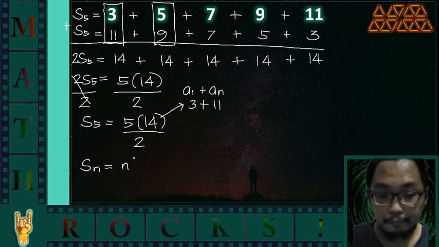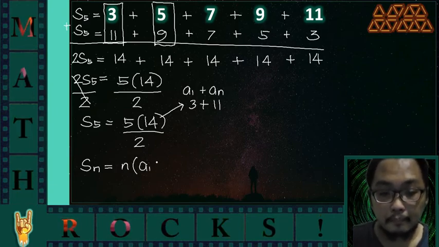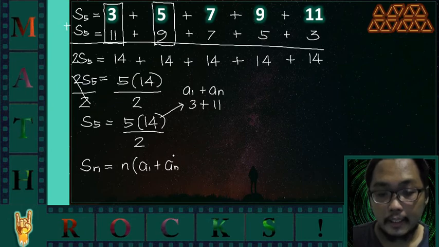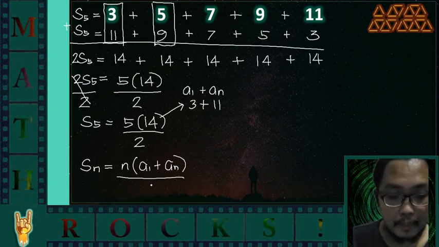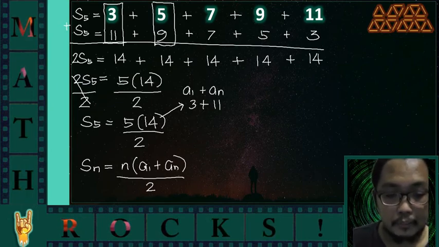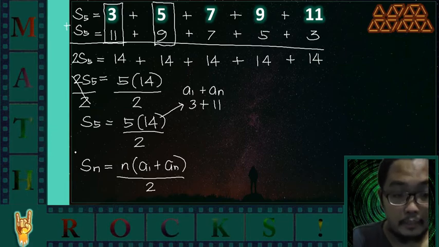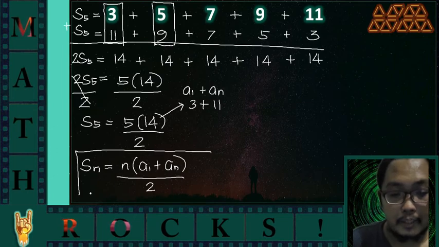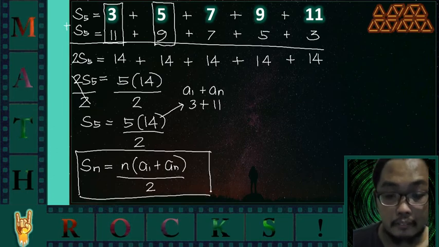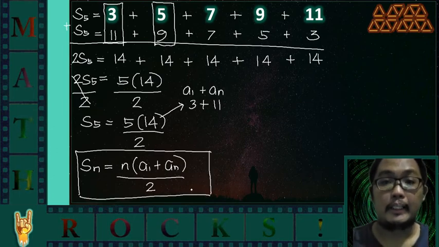Writing the a sub 1 plus the a sub n in here and dividing this expression by 2 as shown in our previous equation, we will have this equation as one of our formulas for the arithmetic sequence.